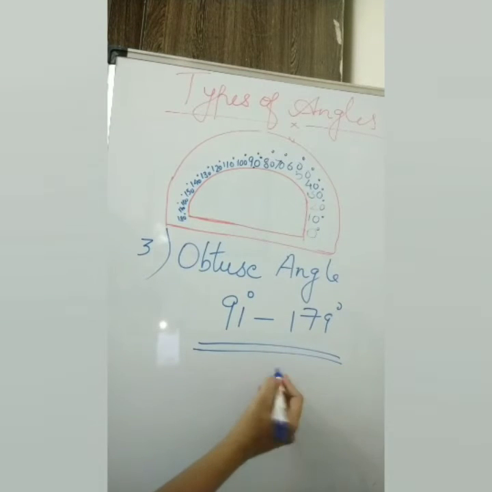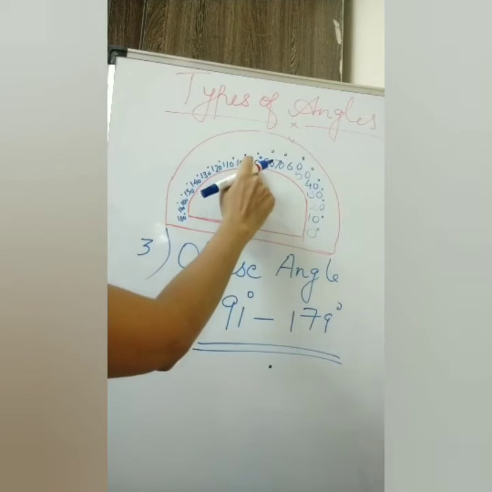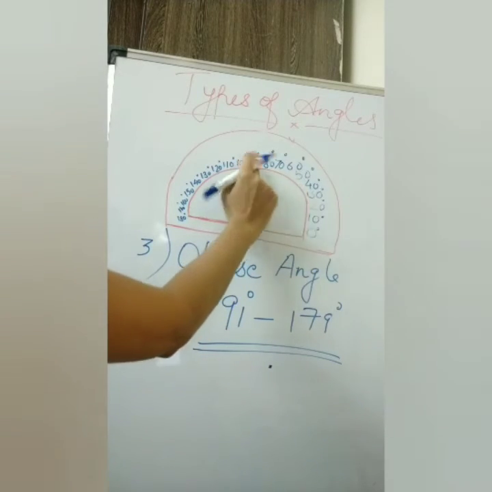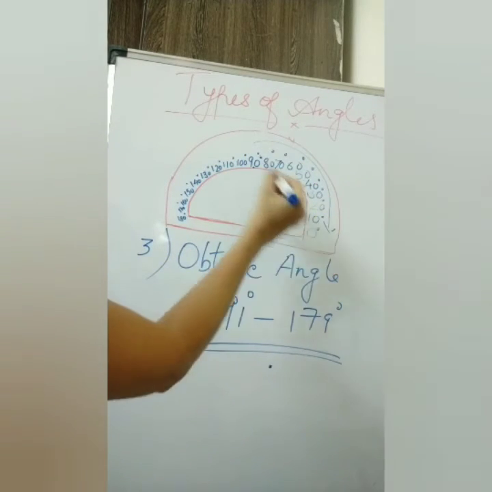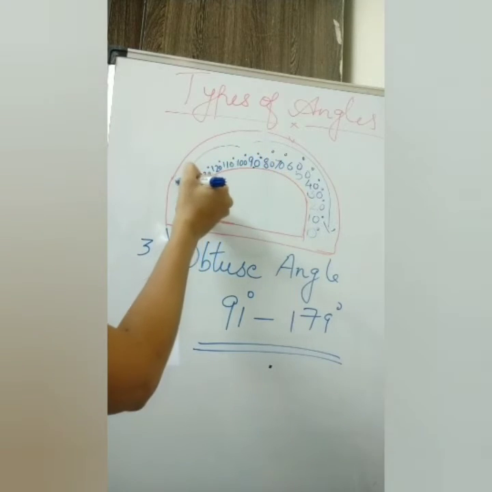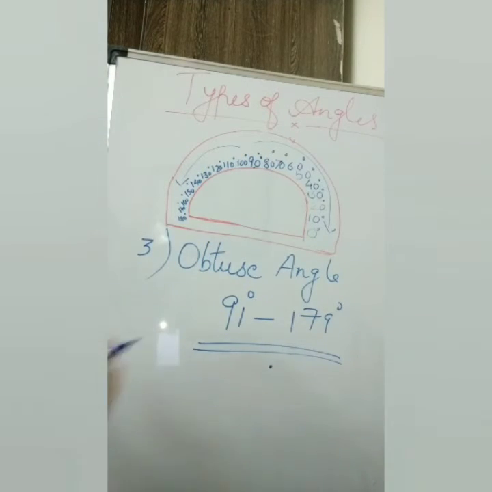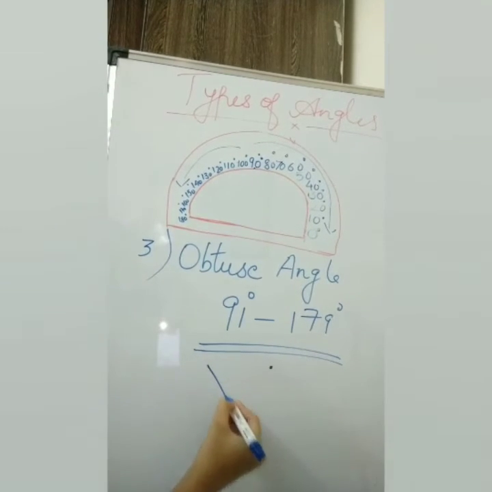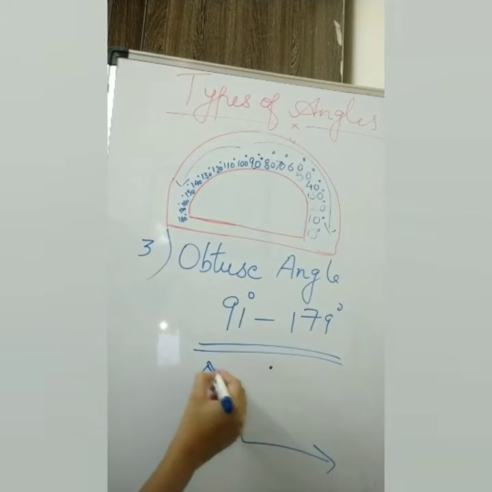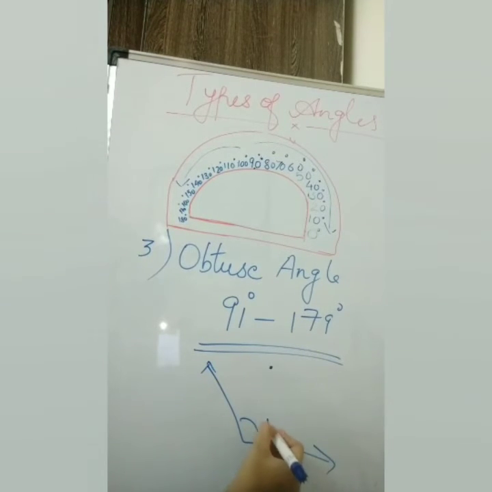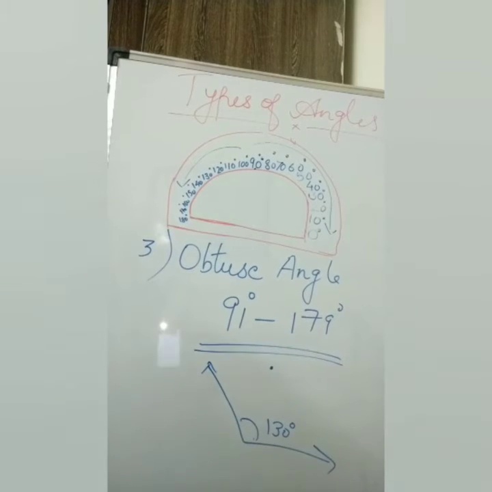We have seen that this was 90 degrees. On this side, all these are acute angles. This is right. And all these angles are what? Obtuse angles. So it will be like this, suppose 130 degrees.